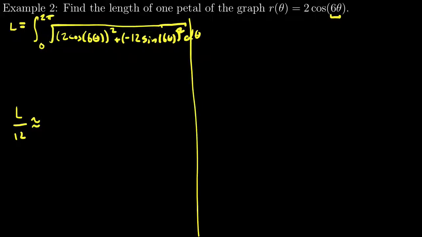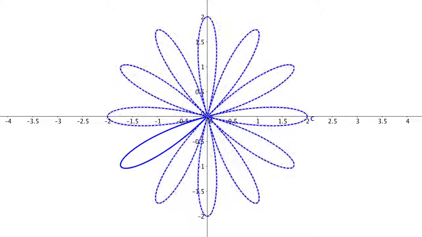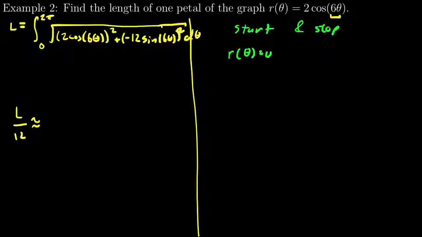Or I can do this method where I'll find out where the start and stop of a single petal is, and that's going to be by setting r of theta equal to 0, because one of these petals starts at the origin, comes out, and ends at the origin, and that's where r, the distance from the origin, is 0. So that's where 2 cosine of 6 theta equals 0.